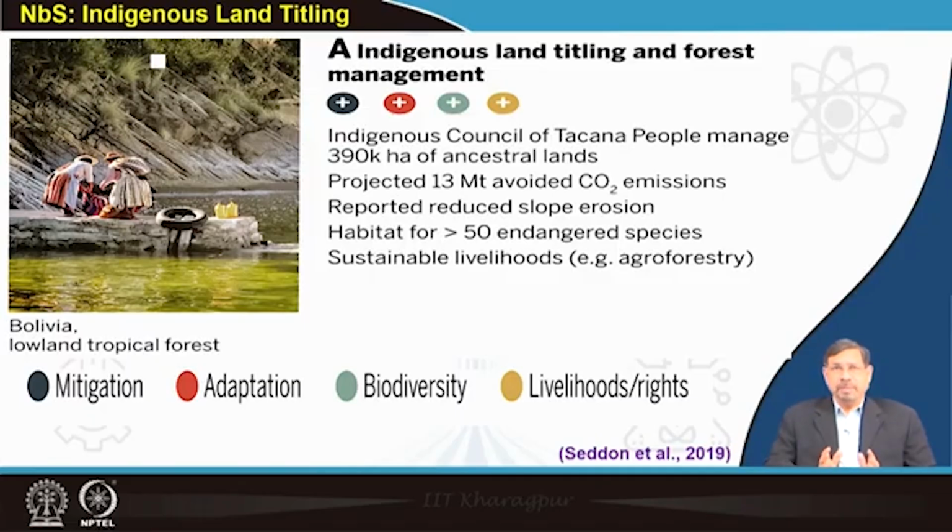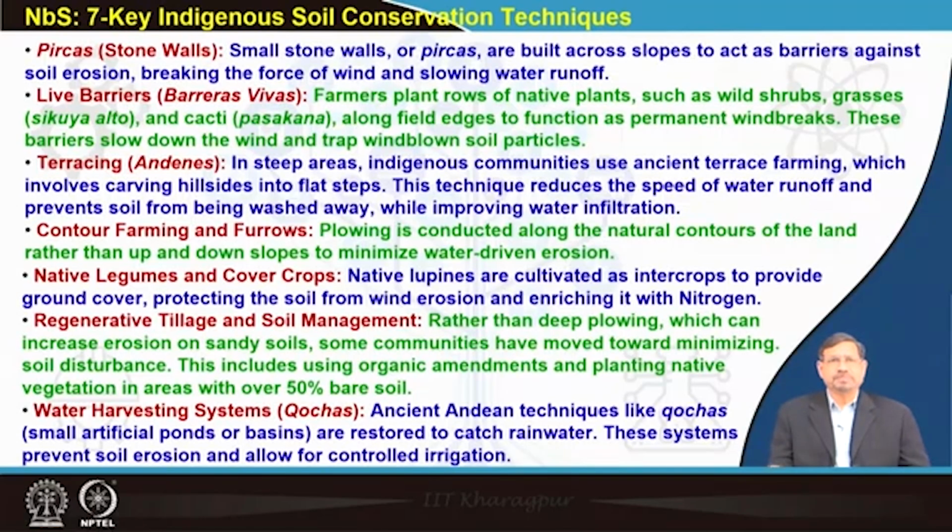Because of this practice, the erosion on sloping land could be reduced, and there is habitat for more than 50 endangered species and sustainable livelihood in terms of agroforestry. All these benefits are received, and this helps towards mitigation, adaptation and biodiversity conservation, also contributing to livelihood rights.